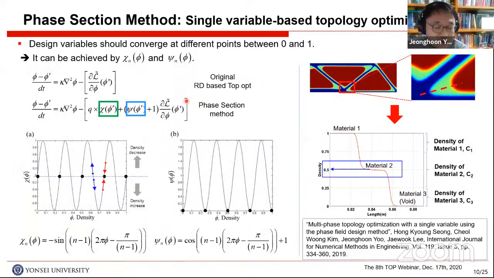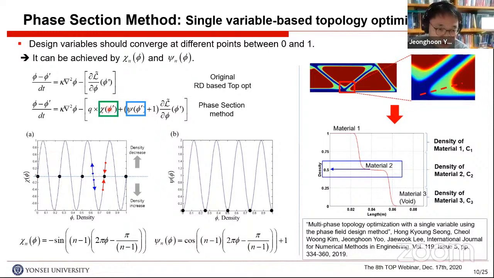In our method, we apply 2 functions, psi and psi. The psi function is used to drive the surrounding intermediate density variable to the target values like these ones. Here there are 5 target material phases, including the void part.